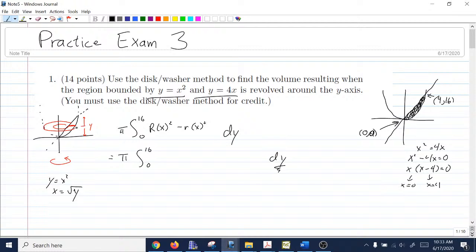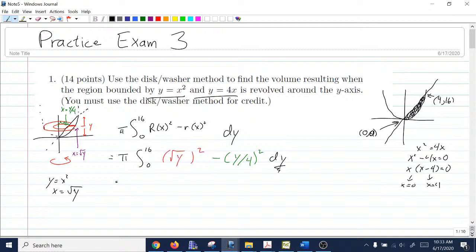So this x coordinate, given a y, is x equals root y. This other x coordinate, I take y equals 4x and solve it for x. This x coordinate is x equals y over 4. So this inner radius is y over 4. And that outer radius is root y.